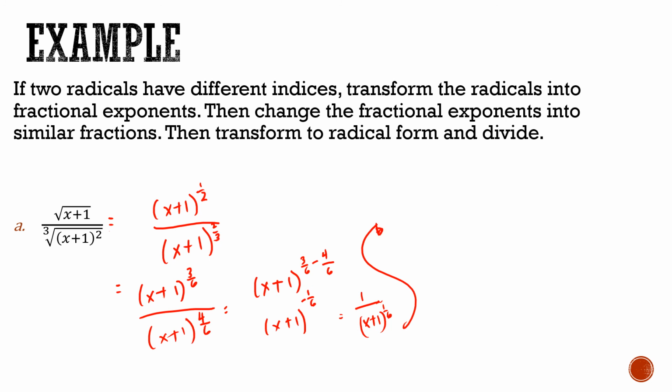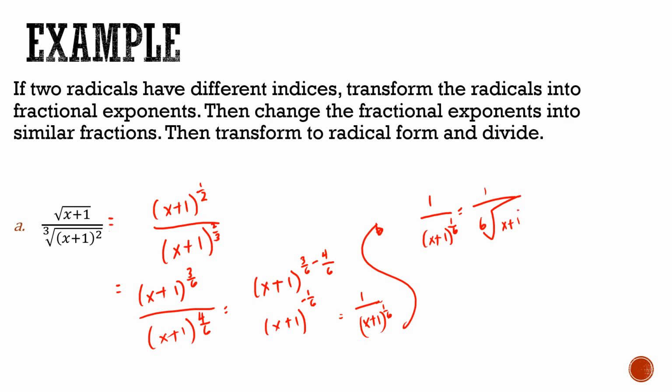Okay. So let's rewrite now this into radical form. So we got 1 over x plus 1 raised to 1 over 6 is equal to 1 over the 6th root of x plus 1.